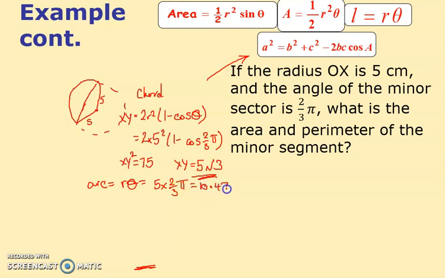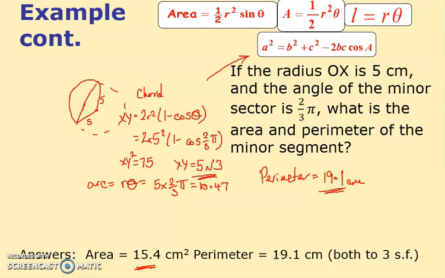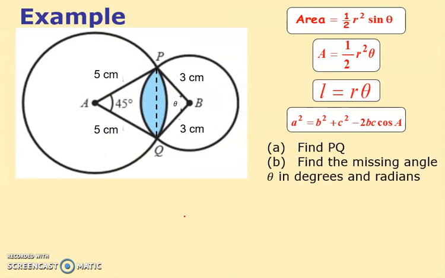So the total perimeter is the two things added together. So I'm going to get 5√3 plus that 10.47, and I get 19.1 to 3 sig figs. So I'm good. And did I get 50? Yeah, I checked that already. That's right already.